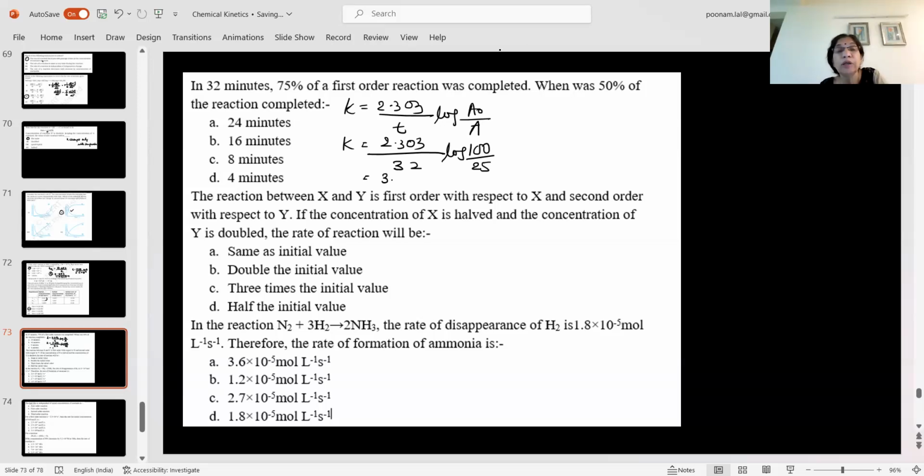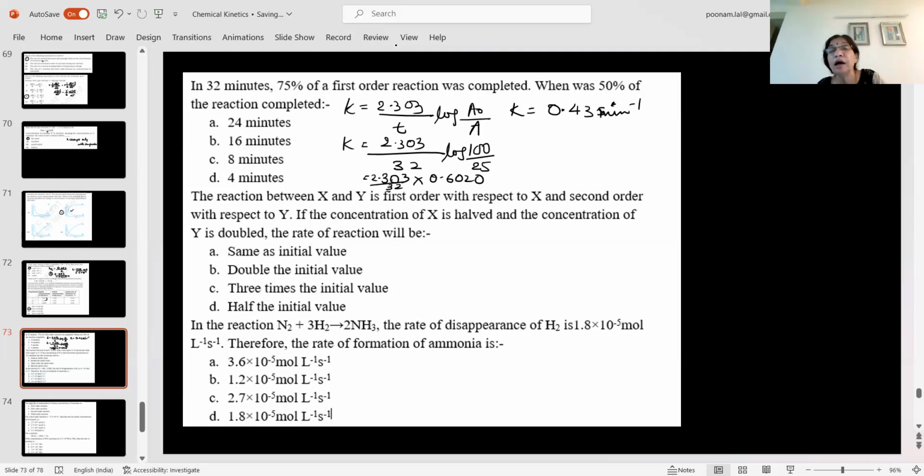So you will get 2.303 by 32 into 0.6020. So K becomes equal to 0.0463 per minute, minute minus 1.